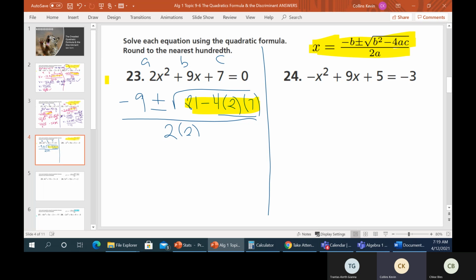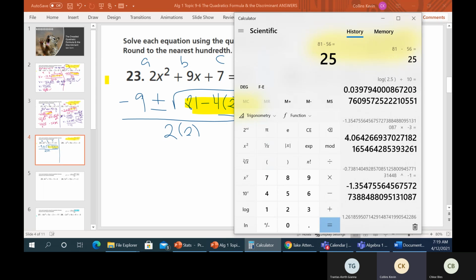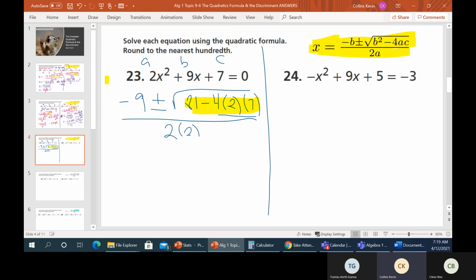So inside here, we're going to have 81 minus 56. Let's go ahead and figure that out real quick. So we'll do 81 minus 56. That's 25. 25 is a perfect square, so that means this guy would have factored, but it wouldn't have been an easy factoring problem because we got the 2x out front. We'd have to figure out how things go from there.